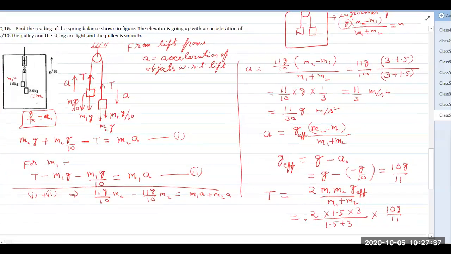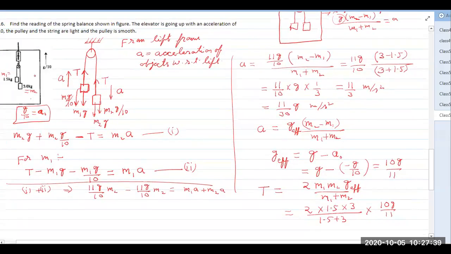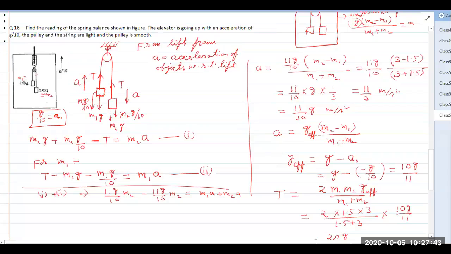So this much is the tension in the string. If the tension in the string is 20 g by 11 here, then for the upper one, tied with the spring balance, if the tension here is t, the tension there will be 2t.